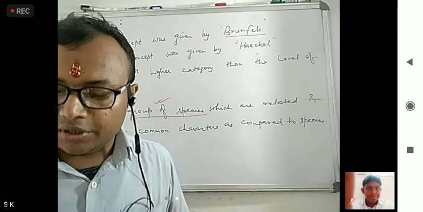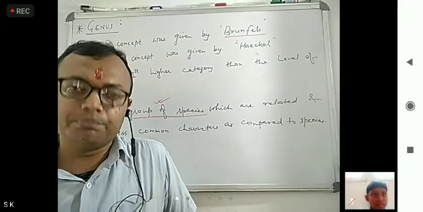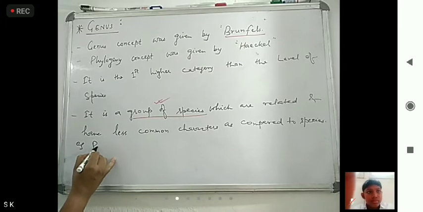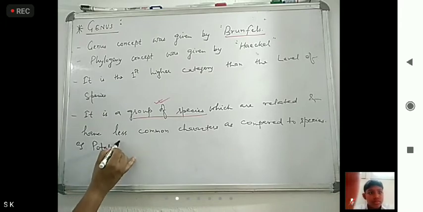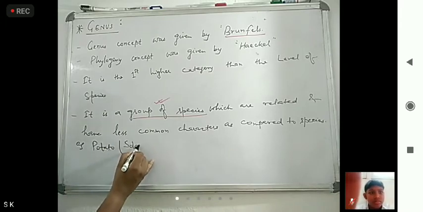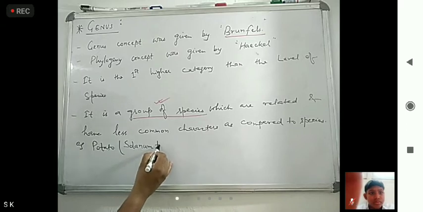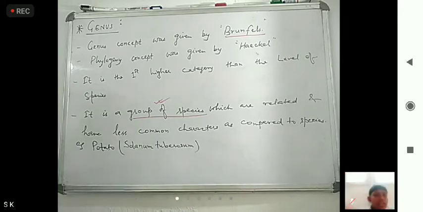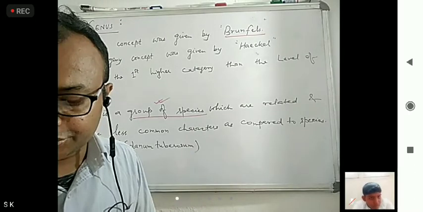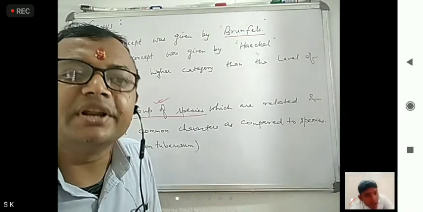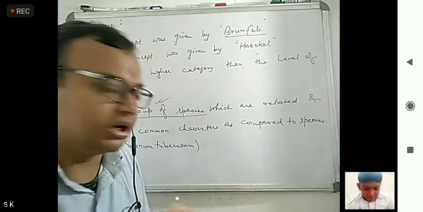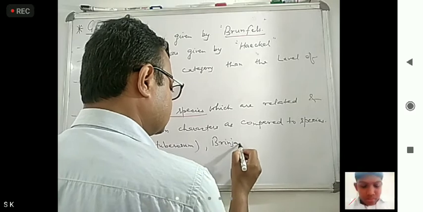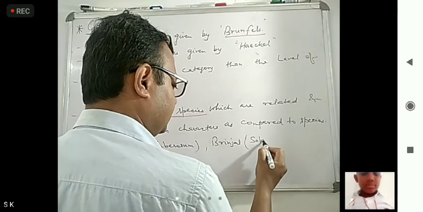Now, for an example, we already saw potato, Solanum tuberosum. Another example, brinjal, Solanum melongena.